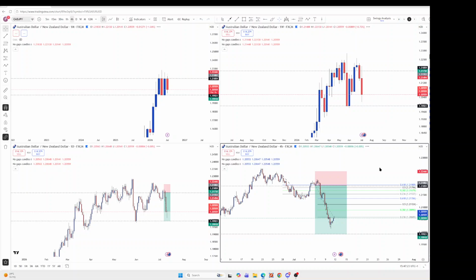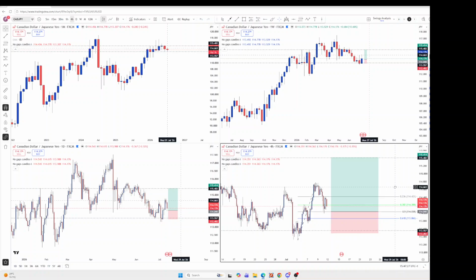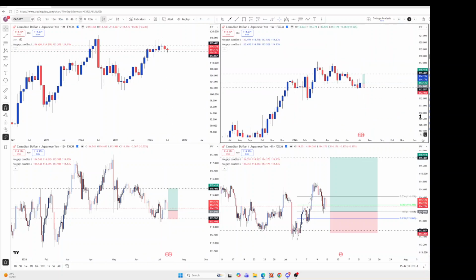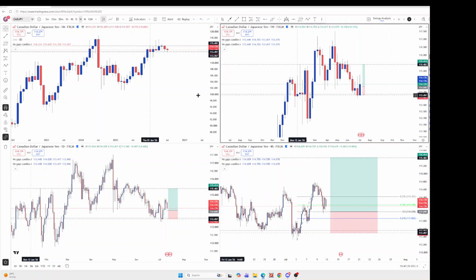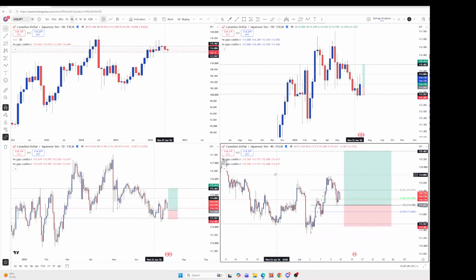Okay, I was on CADJPY when I came on, so since I'm on it, I might as well cover it. I took this as an intra-week trade, so this was just last week when I saw price making this bullish move on my entry time frame.